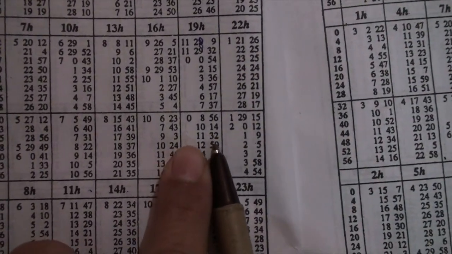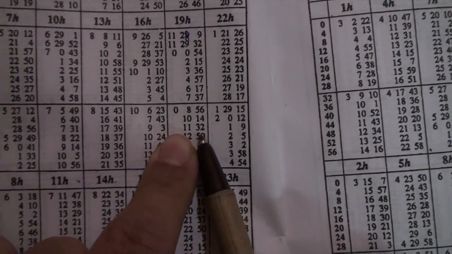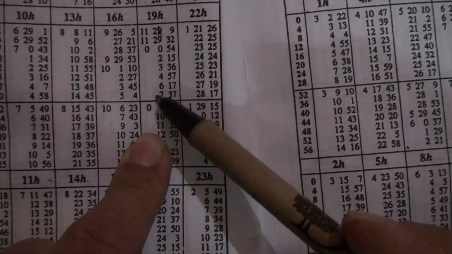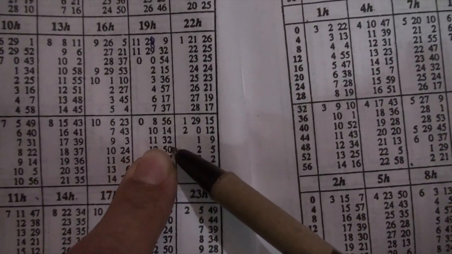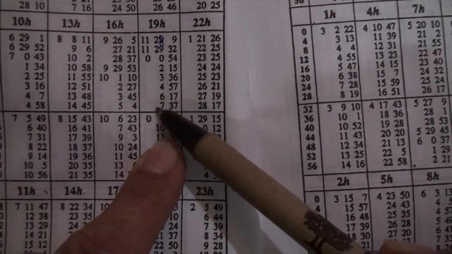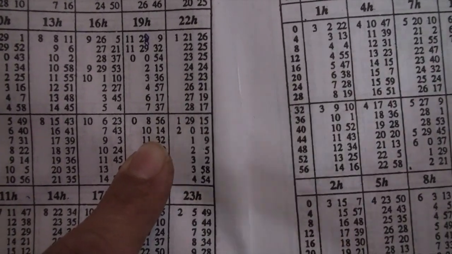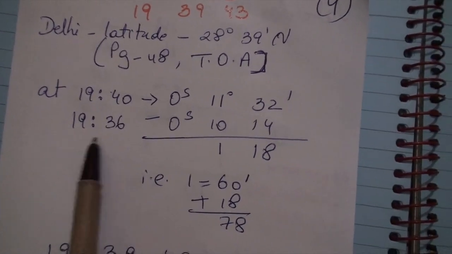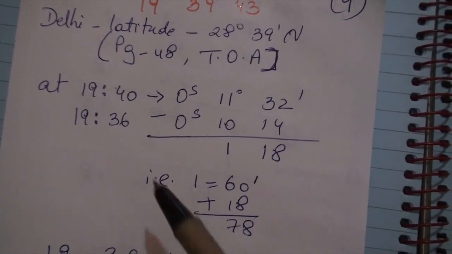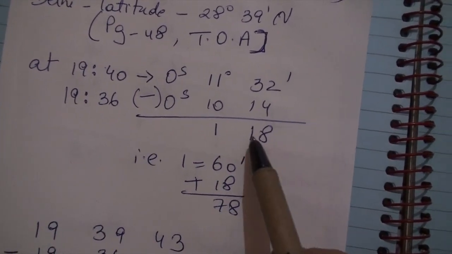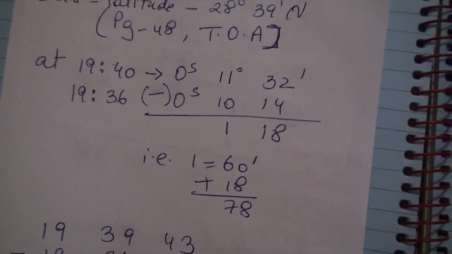So at 19 hours 40 minutes, the value is 0 sign Pisces 11 degrees 32 minutes, and at 19 hours 36 minutes we have 0 sign Pisces 10 degrees 14 minutes. We have to subtract these two figures and we derive this value.